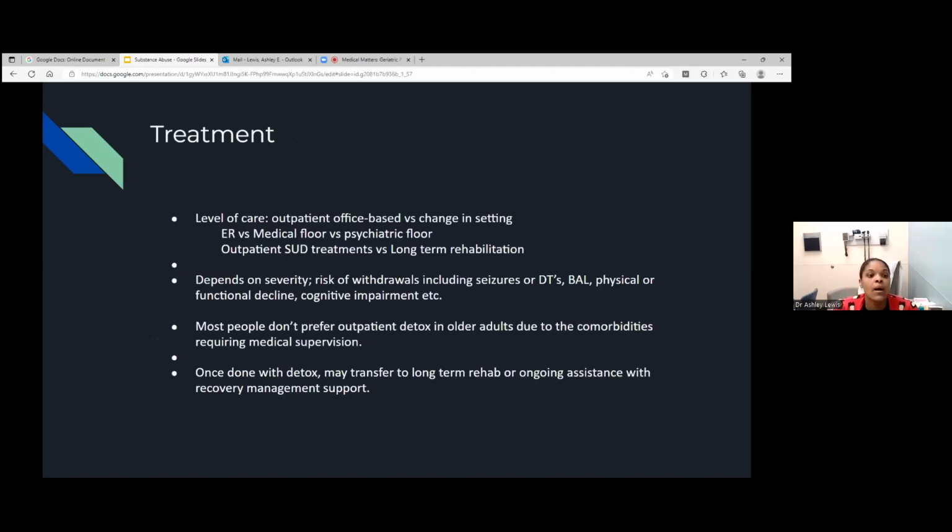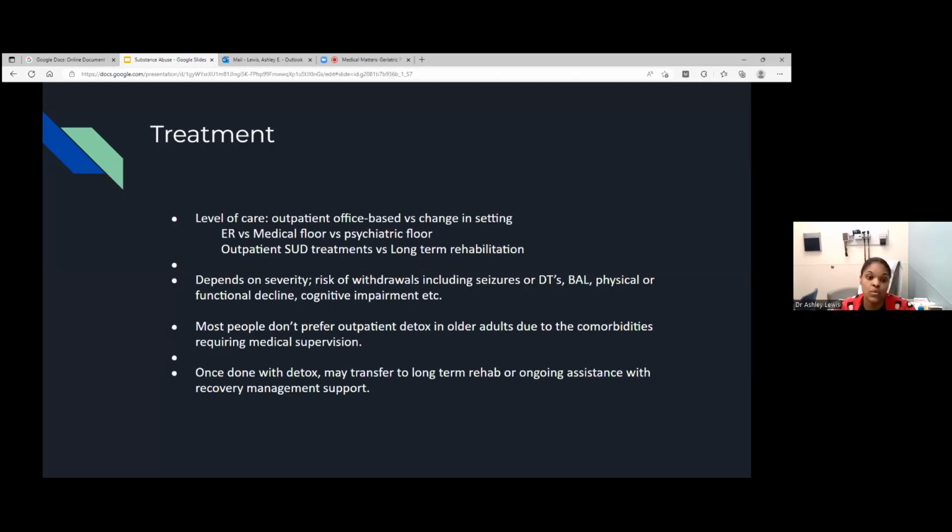Treatment. So once again, level of care: could it be outpatient, office-based, versus a change in setting? So needing to go to the ER versus the medical floor versus the psychiatric floor. Outpatient substance use disorder treatment versus long-term rehab depends on the severity: the risk of withdrawals, including seizures or DTs, the blood alcohol level, physical or functional decline, or cognitive impairment.